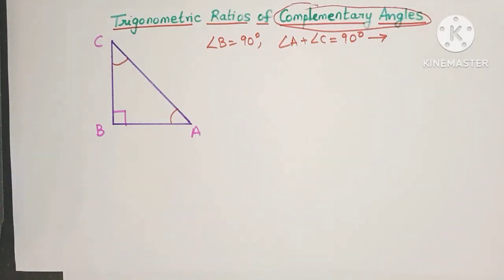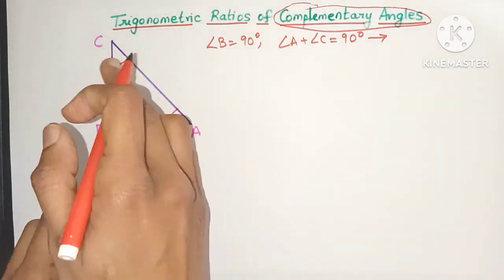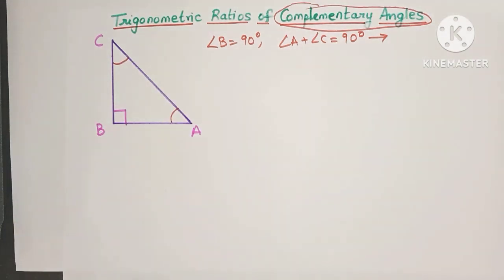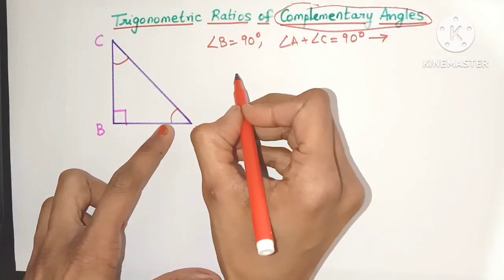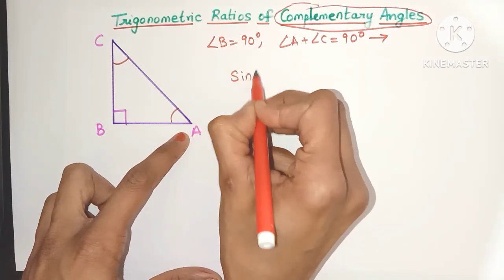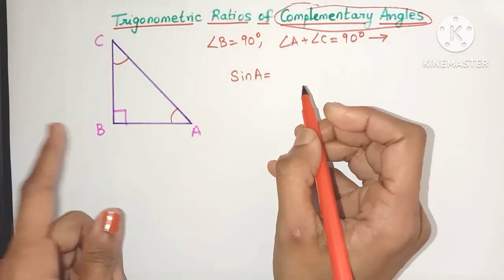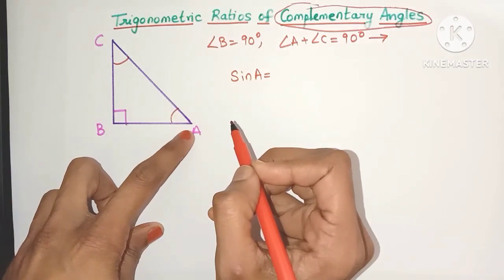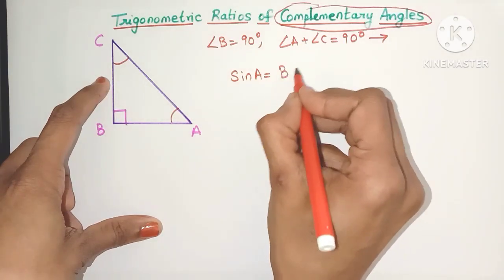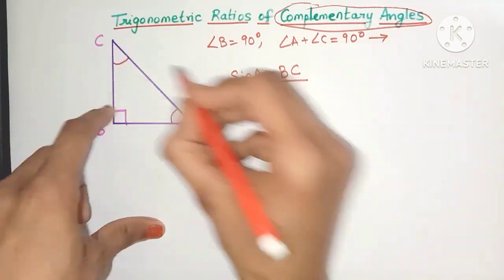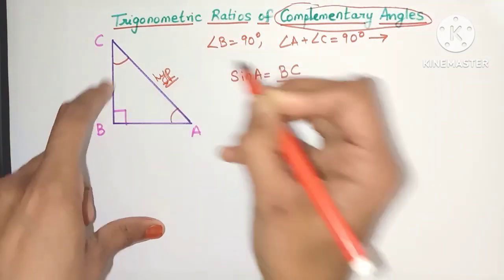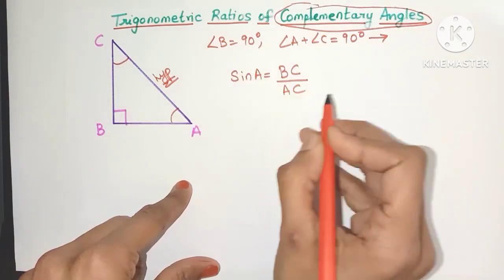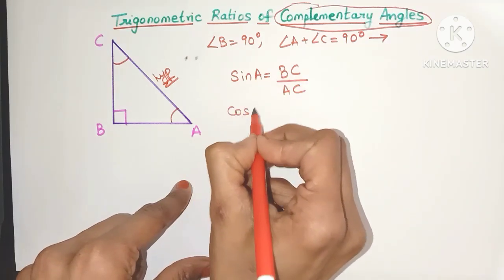Now let's discuss how the ratios of these complementary angles behave. For example, let us write sine of A. What will be the formula, friends? It is opposite upon hypotenuse. The opposite side for angle A will be BC divided by the hypotenuse, which will always be constant. It will be AC. Now let me also write the other ratios.